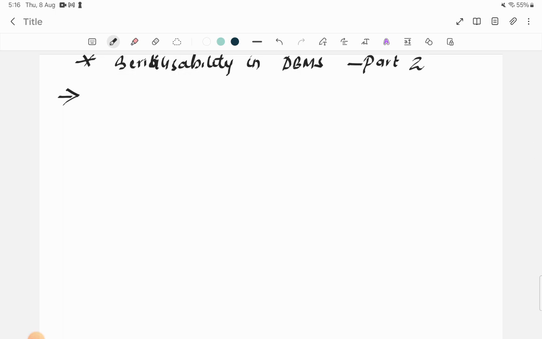Okay, so what is serializability and what does it do? This concept basically came into light after we discussed concurrent transactions. Concurrent transaction means transactions which occur concurrently, simultaneously. In this context we can have a parallel schedule as well as a serial schedule.